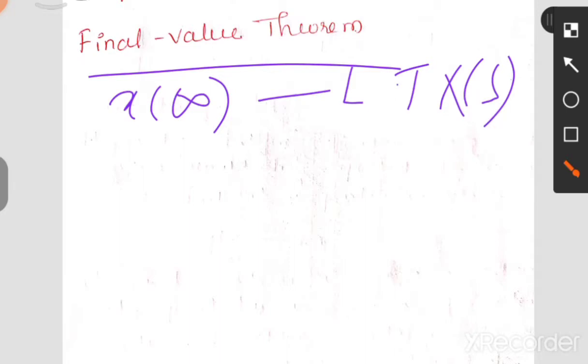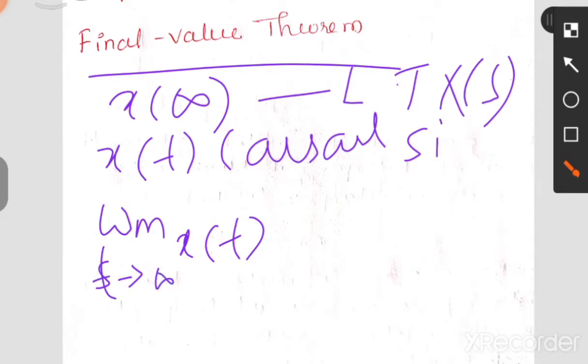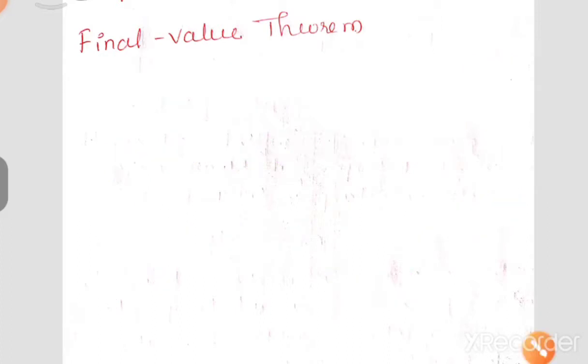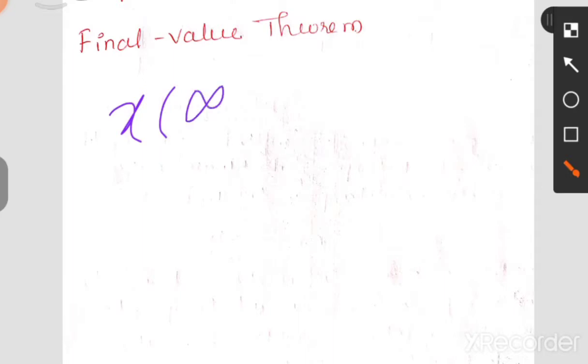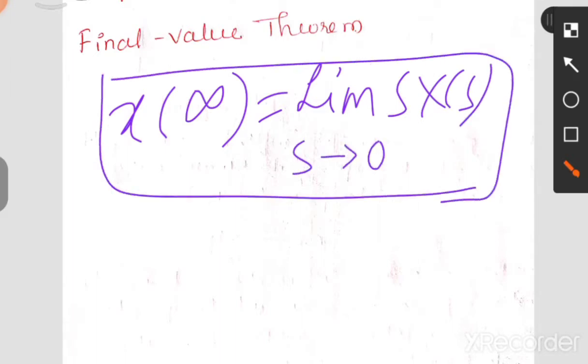If x of t is a causal signal, then the limit of x of t, where t tends to infinity, will be equal to the limit of s into X of s, where s tends to 0. That is, x of infinity will be equal to the limit of s of X of s, where s tends to 0.